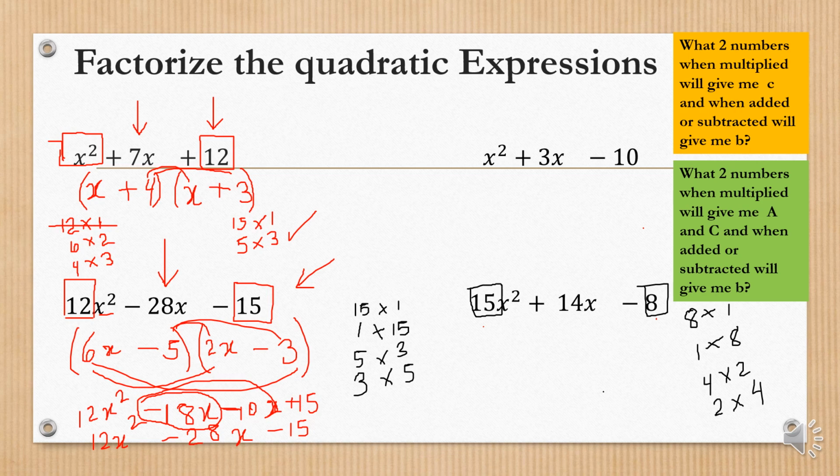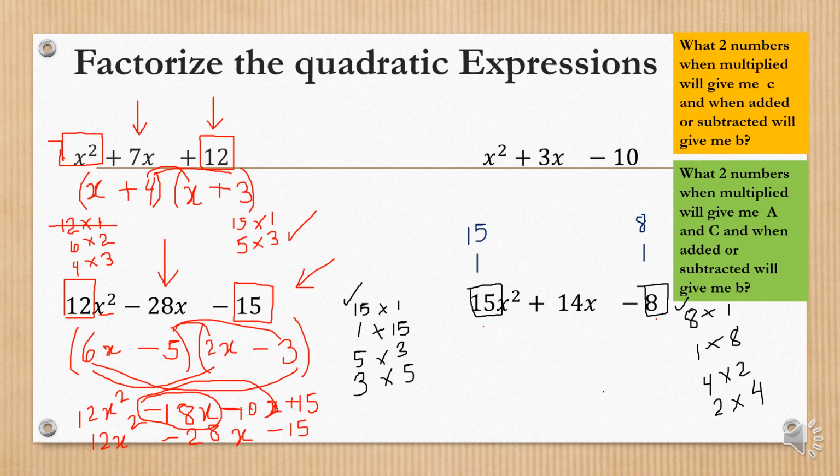Now what we're going to do, we're going to start with 15 by 1 and 8 by 1, and watch this technique. I'm going to be working it over the sum, so I'm going to write it in this order: 15 by 1 and 8 by 1, and every time we work them out we will eliminate them. So watch how I wrote it: 15 by 1, 8 by 1.